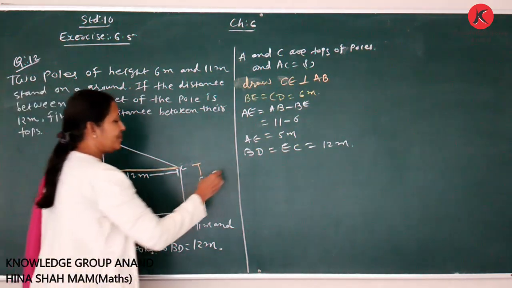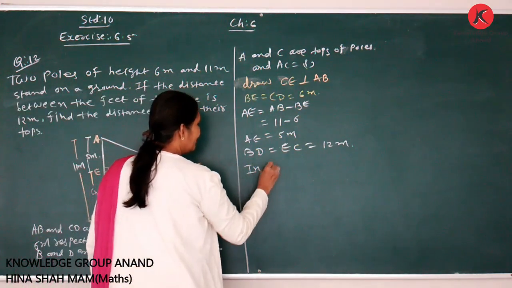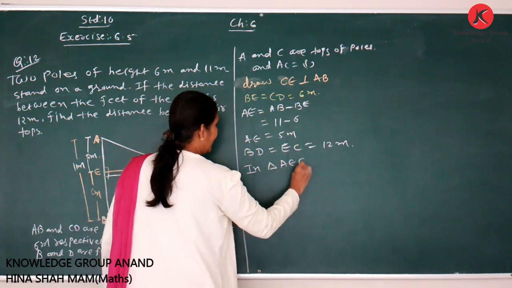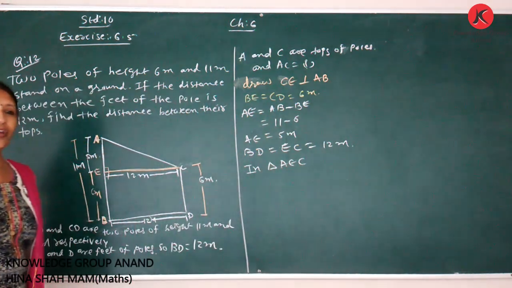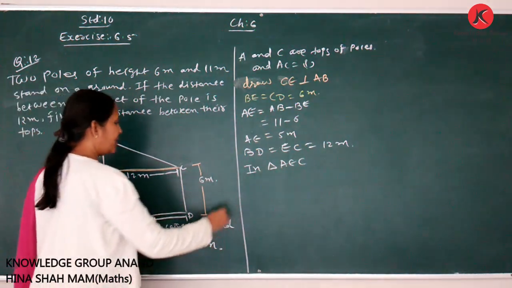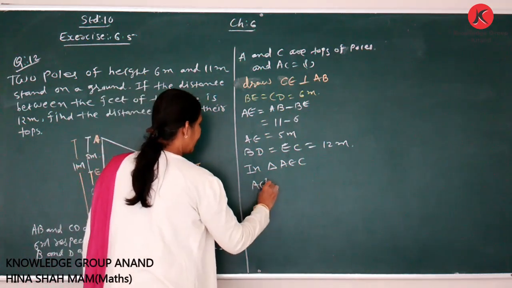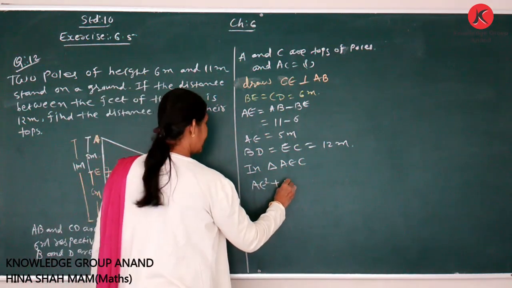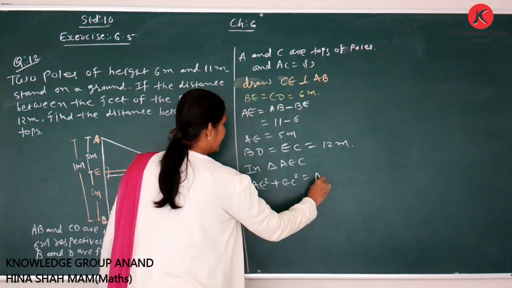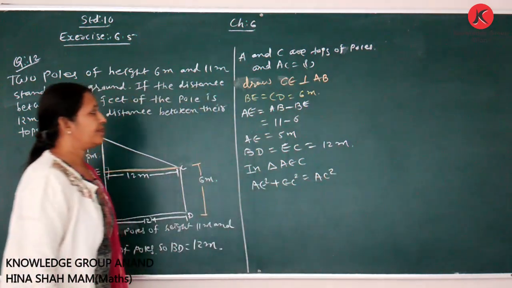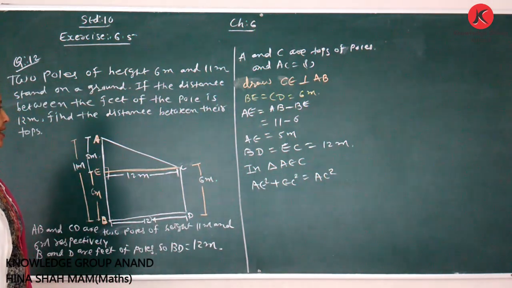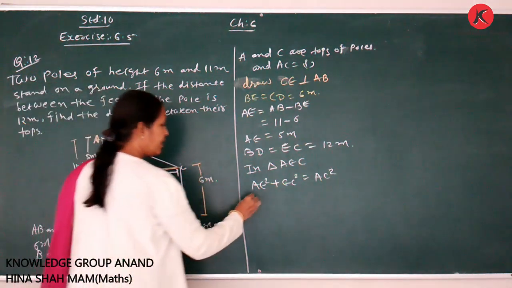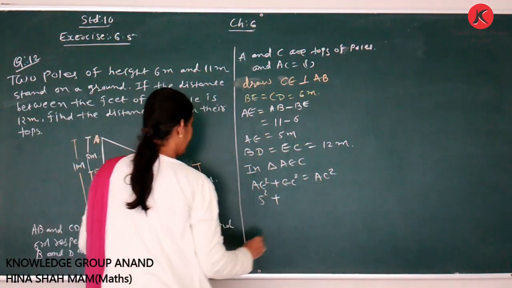Right angle. In triangle AEC, we find AC. How do we find? Pythagoras rule, yes. AE square plus EC square is equal to AC square. AE we found here, 5 square.